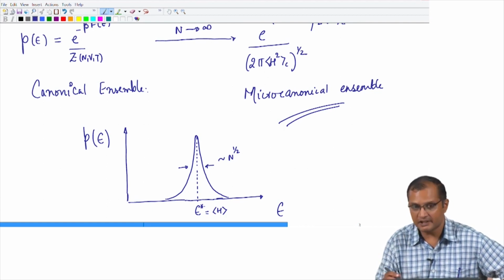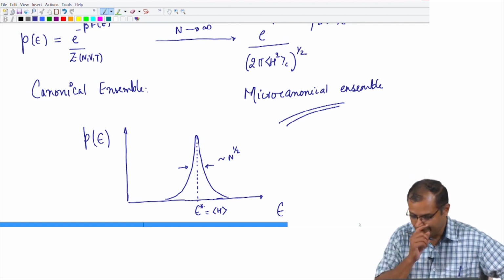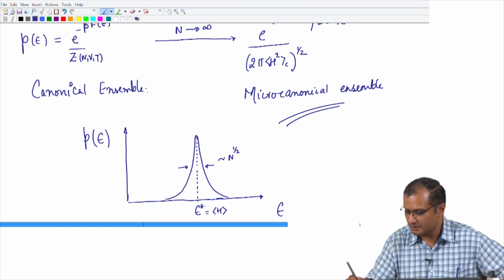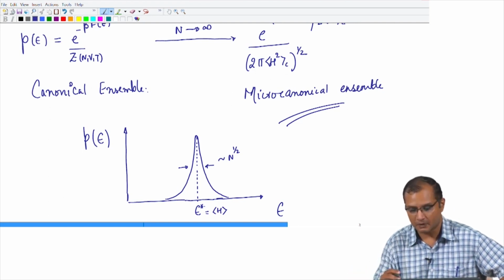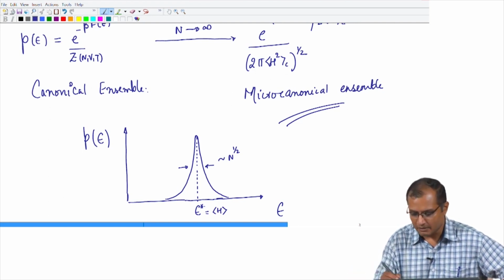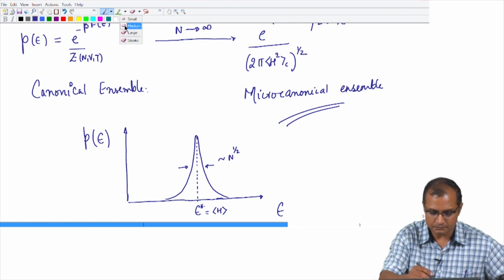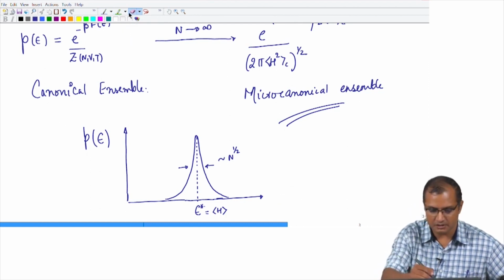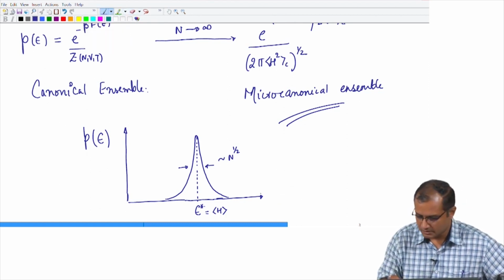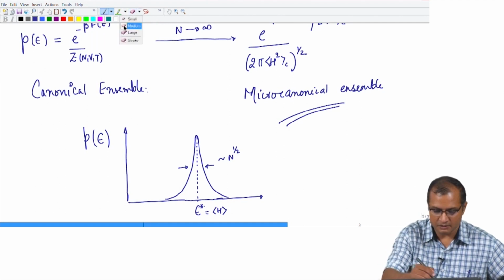As n goes to infinity, my distribution actually moves to the right hand side, okay, it becomes wider. So, as a bigger n if I take, the distribution would be sitting at a value of energy which is on the higher side.